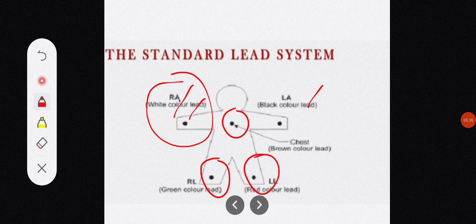It was found by Einthoven that it is advantageous to record the electrocardiogram from electrodes placed vertically as well as horizontally on the human body.